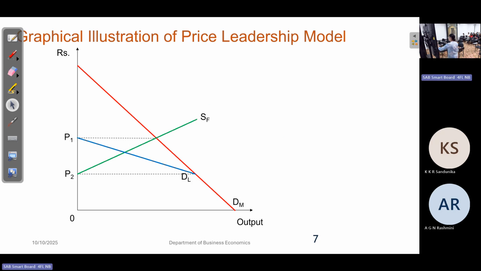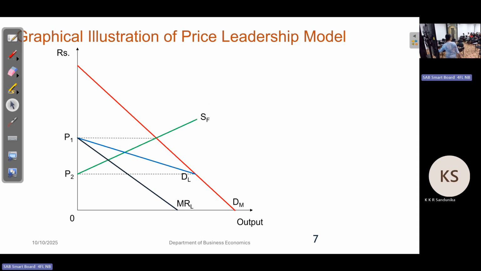So here this is the leader's demand. Now we have the leader's demand, so we draw the marginal revenue of the leader's demand. Then we draw the marginal cost. Marginal revenue and marginal cost of the leader are equal here. So we go from here until we meet the leader's demand curve.